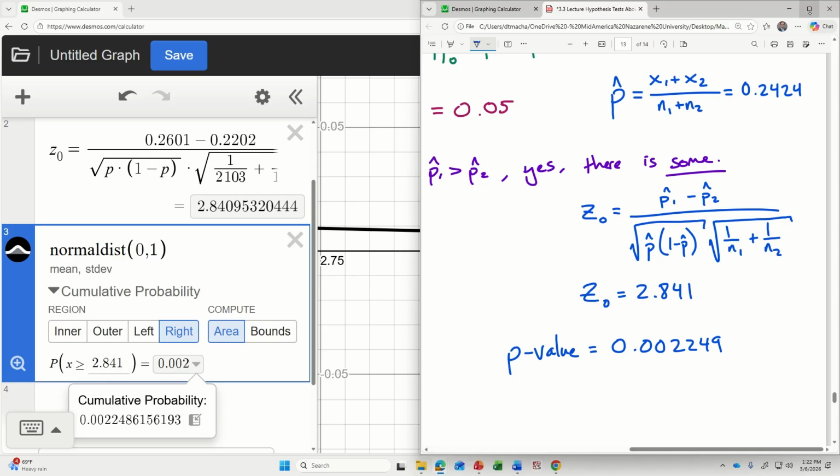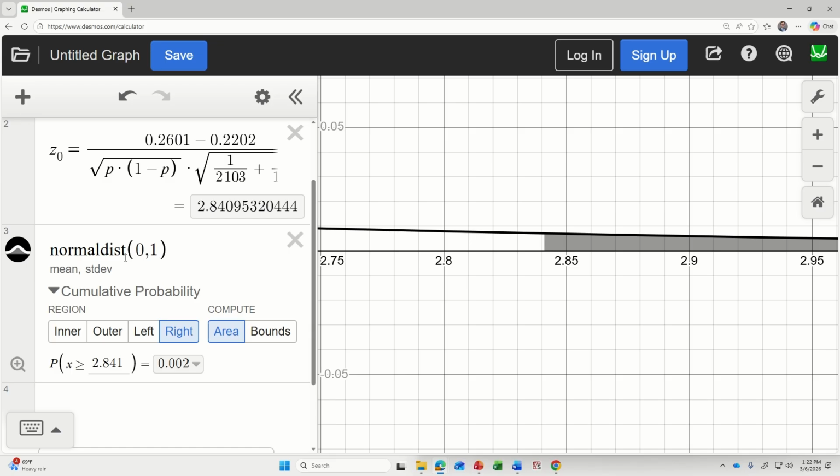Cool. All right, any questions about how we found this in Desmos? You guys know how to do normal distribution, right area, and so on. If it was the opposite alternative hypothesis where I wanted to know p1 less than p2, then I would choose left area. For that reason, it doesn't matter whether you make the Nasonex group 1 and the placebo group 2, or the placebo group 1 and the Nasonex group 2.